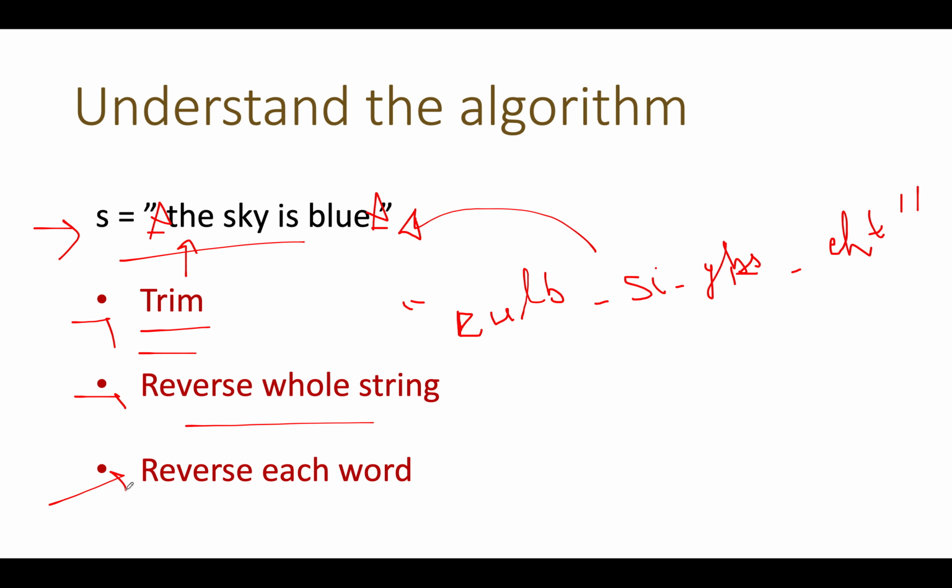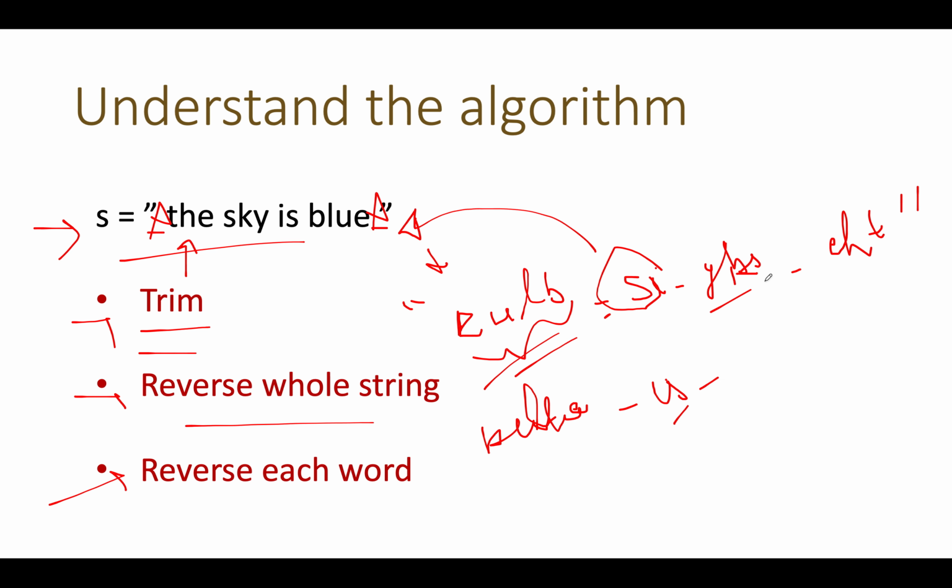And then I'll iterate one by one, and for each word that gets formed, I will reverse it separately. So this string gets reversed, we have "blue". The space remains as it is, then "SI" gets reversed, "is" gets formed.